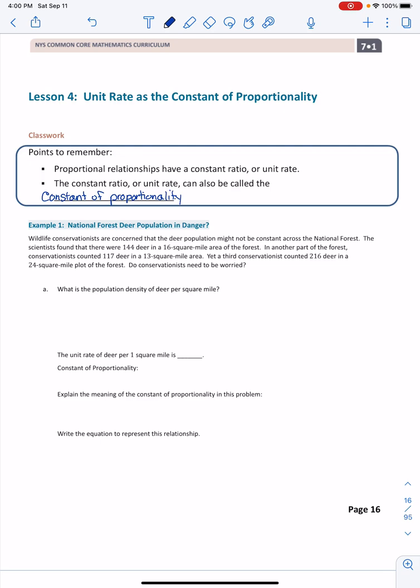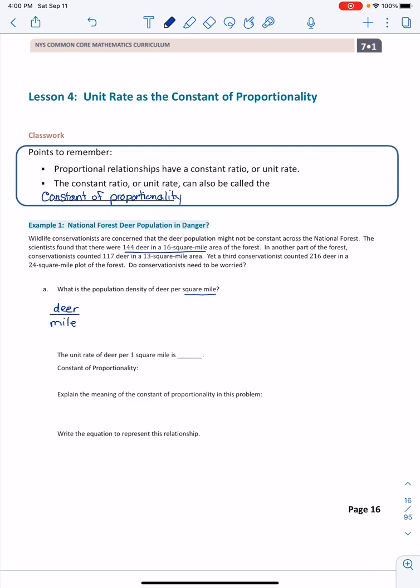What is the population density of deer per square mile? So what they want to know is per square mile. So we have deer over mile, sorry, mile over deer, or deer over mile. So the information that we need is 144 deer over a 16 square mile.